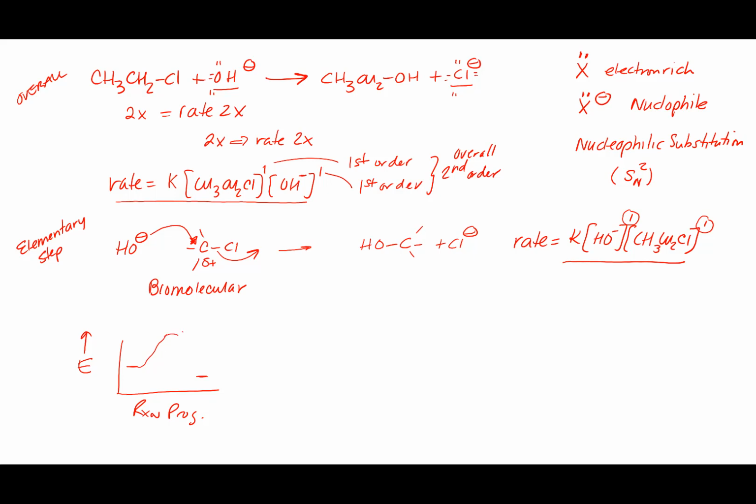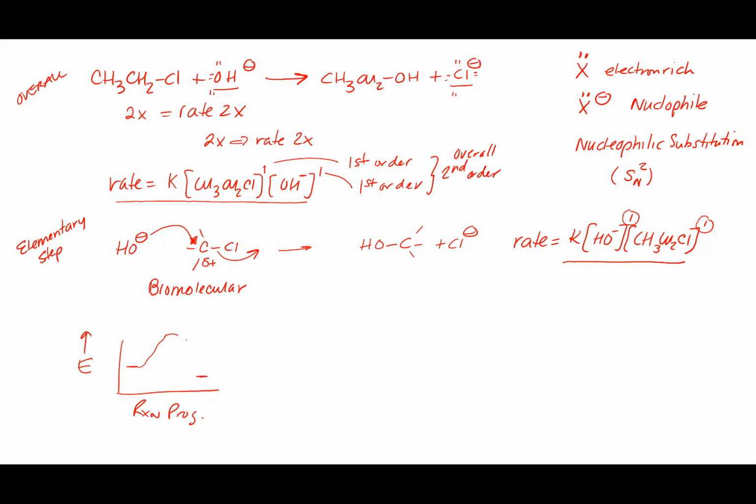Are there any intermediates? No? Why not? Because there's only one step, and intermediates need 2 steps or more, because an intermediate, something that's formed in one step, reacts in the next step, so overall it cancels out. So you can't have an intermediate in a one-step mechanism.